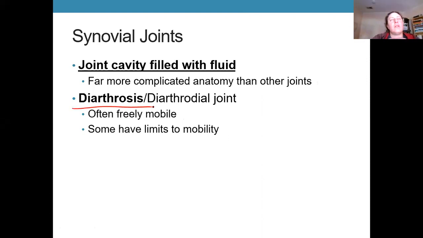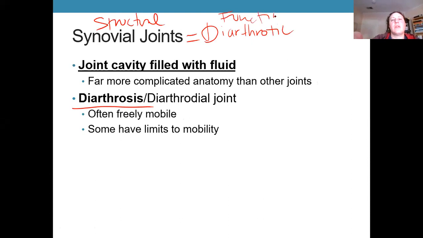And so the structural category of synovial joint is completely overlapped with the functional category of a fully movable joint. Every joint that's synovial is diarthrotic, and every diarthrotic joint is synovial.